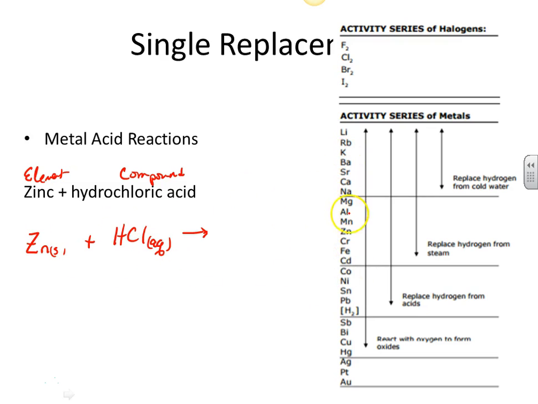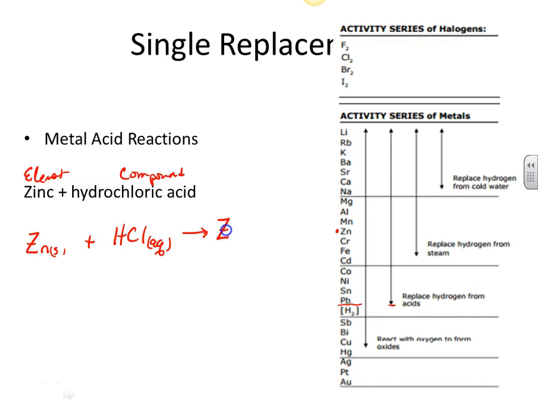Okay, let's find zinc in the activity series. It's right here. Okay, all elements through lead, through right here, can replace hydrogen from acids. So zinc is included in that. So zinc can replace hydrogen from acids.